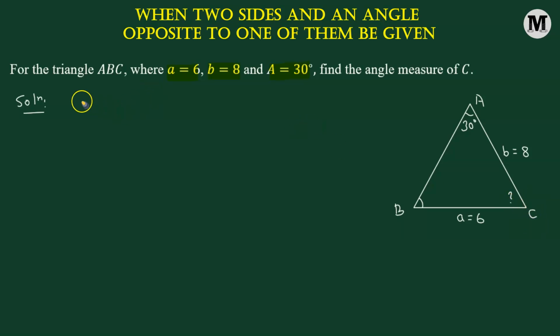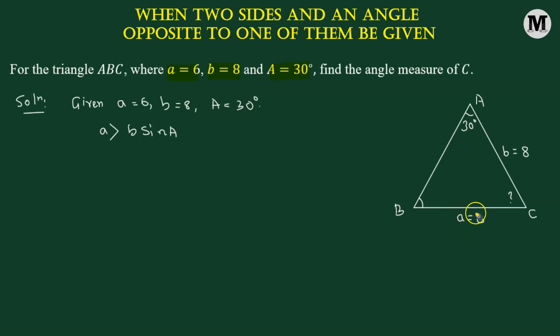First, let's note down whatever we've been provided with. Here we are given a equals 6 units, b equals 8 units, and angle A equals 30 degrees. Before even solving, we need to check whether a is greater than b times sine of angle A. The way we have chosen is very easy to remember.